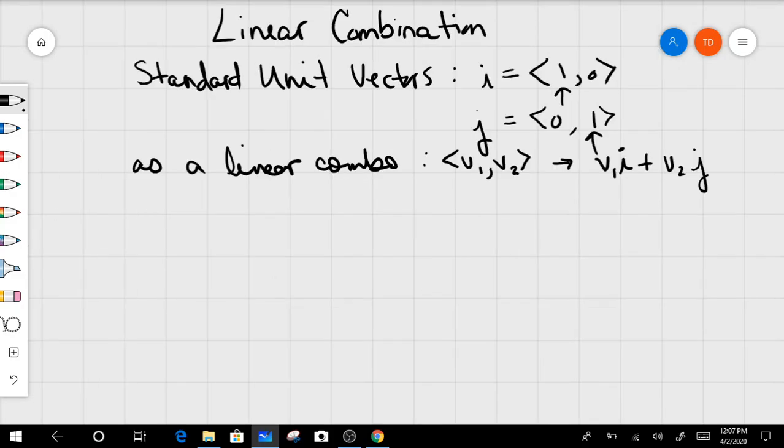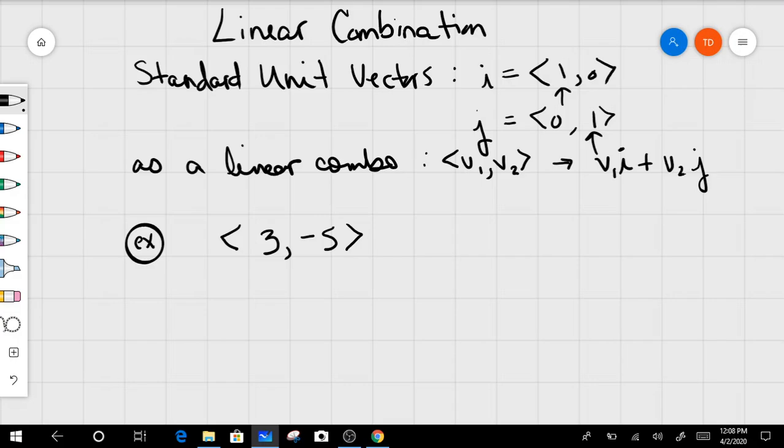Let's try an example so you can see just how easy this is. If I had a vector, I don't know, 3, -5, and that's in component form, and you know that because of the sideways v's. So that's already vector component form.